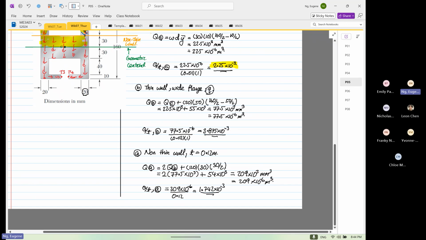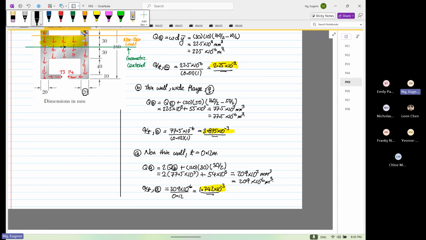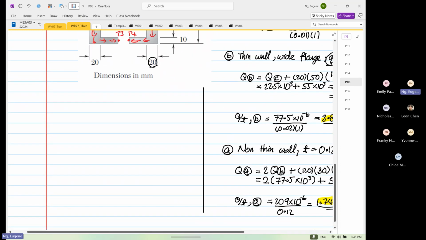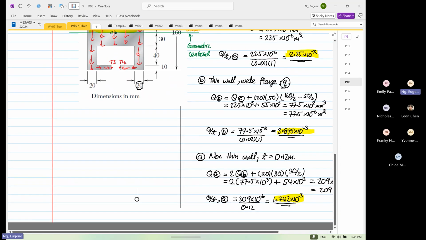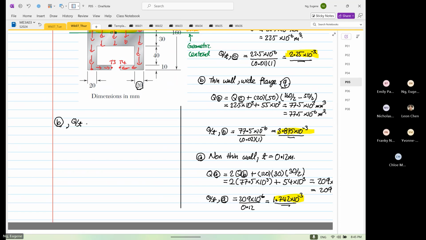Q over T at point B is 3.875. And Q over T at point A is 1.74. So we know from here, right? At point B, the Q over T ratio is at its maximum.